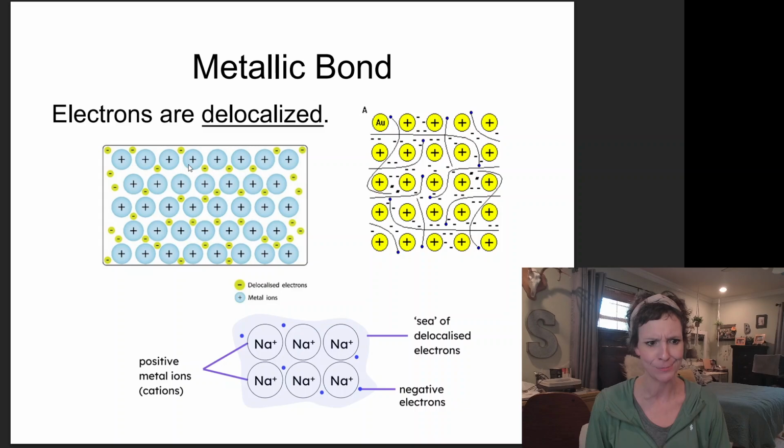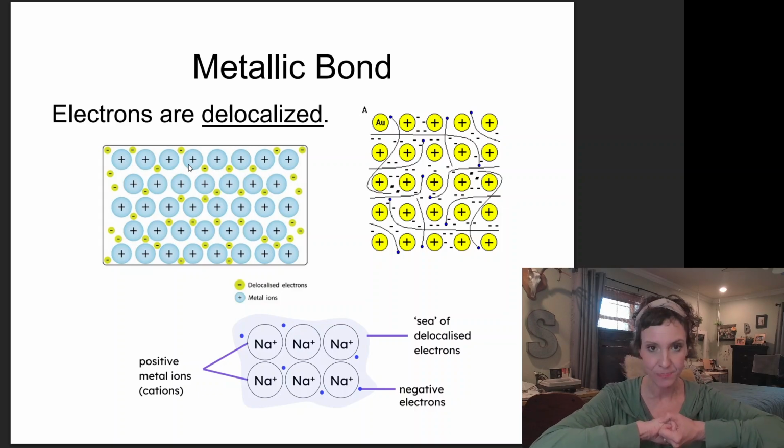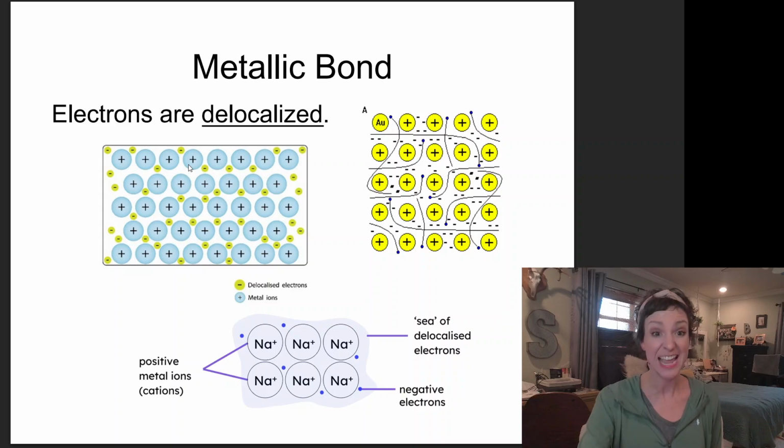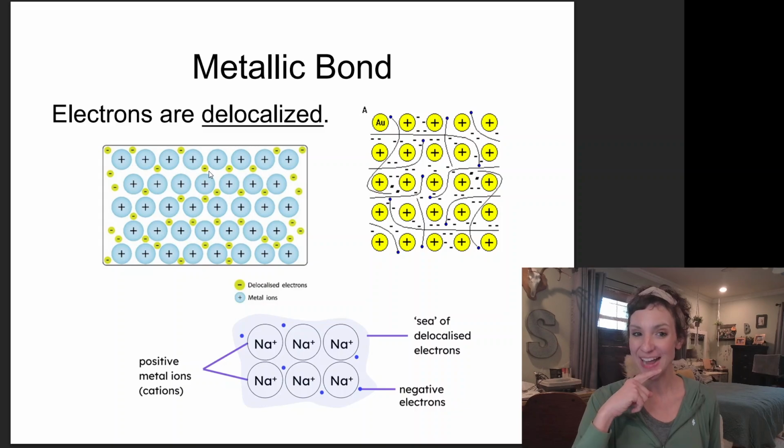I thought bonds were where we draw little structures with the lines in between. Yeah, you guys, two out of our three types of bonds are not physically connected together. So you're like, well, what is going on to make this stuff stick together? I see some positive things and I see some negative things here. Oh my gosh. We know positive and negative attract.